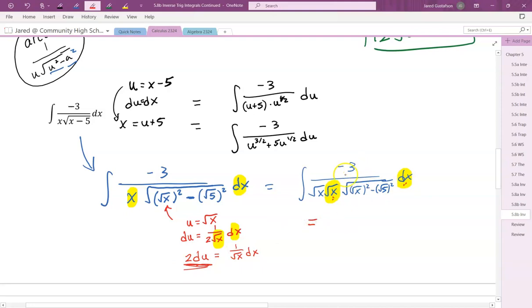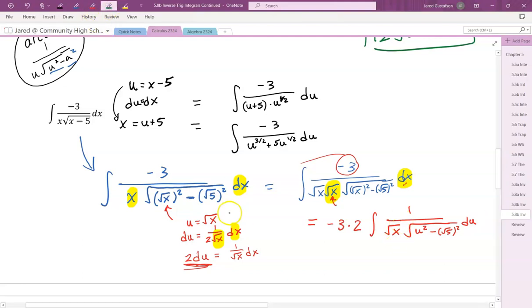So let's start writing that out. I'm also going to take the negative 3 out front. Negative 3 times 2, integral 1 over. I'm replacing this highlighted one, but there's still the square root of x down there. Our square root of x right here I was calling u, so it's u squared minus root 5 squared du. And what do we do with this root x here?